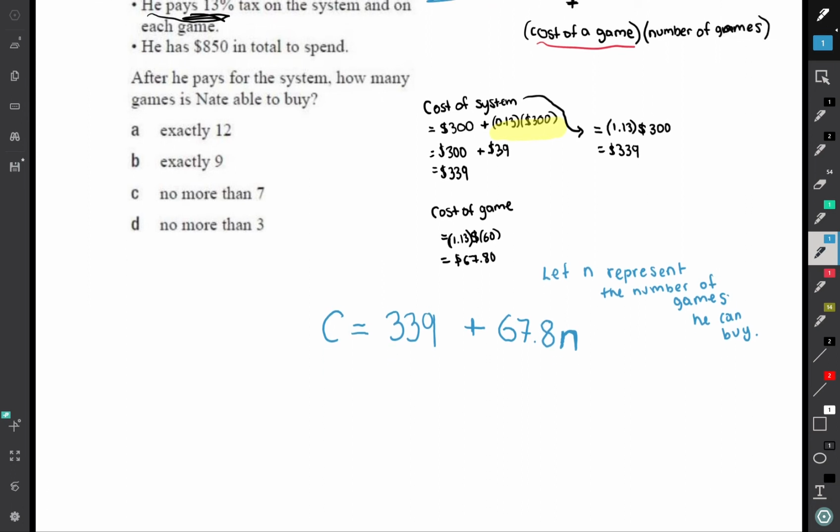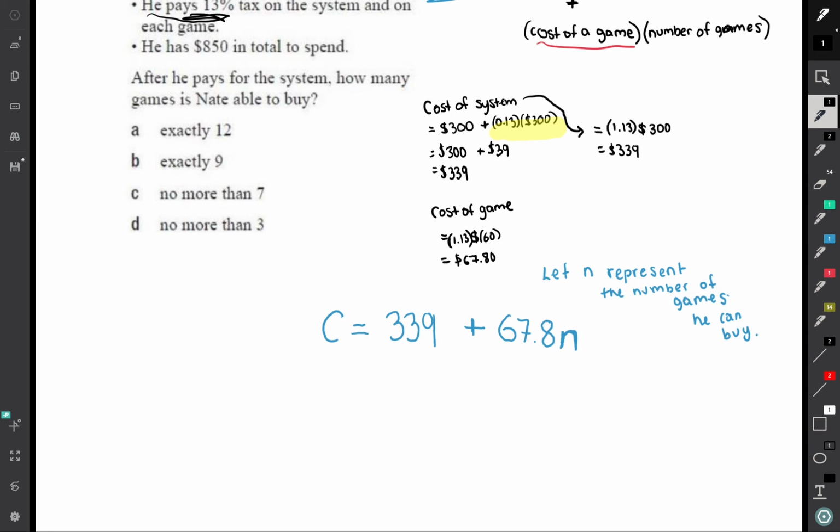So let's go back to the question. It says, after he pays for the system, how many games is he able to buy? We know that he has $850 in total. So let's put that in for C, as in he can spend up to $850.